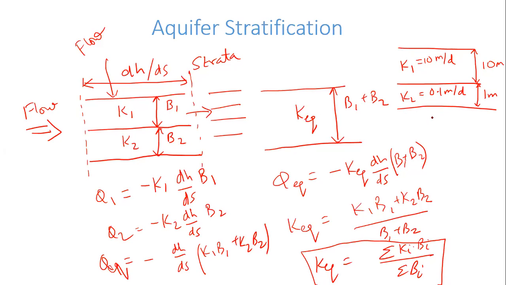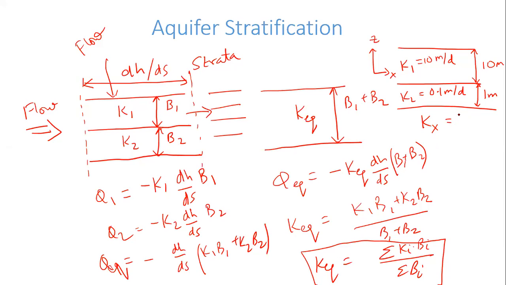So in the x direction, assuming that this is x and this is z, what will the equivalent hydraulic conductivity in the x direction be? Can you just put in the numbers? It will be 10 into 10 plus 0.1 into 1, divided by 10 plus 1, right?